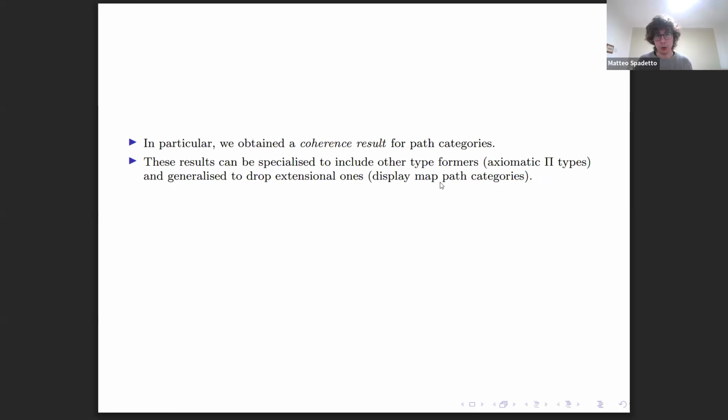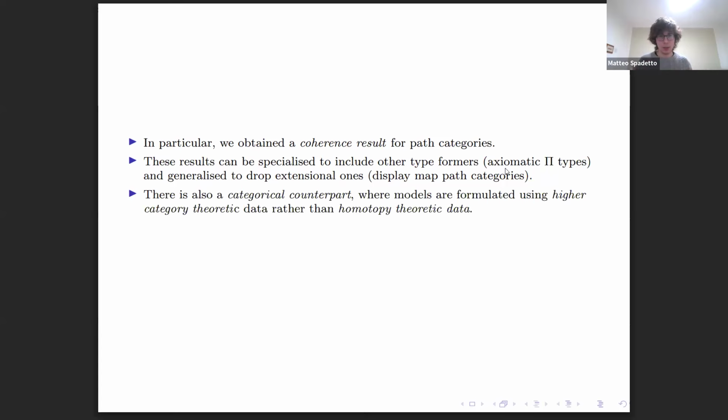As I said, there is a notion by Daniel, which also drops the extensional type formers in a path category. And this will be the last thing that I say in the last 5 minutes, that all of these also have a categorical counterpart. So now we talked about the homotopy theoretic approach for the semantics, in this case of axiomatic identity types.